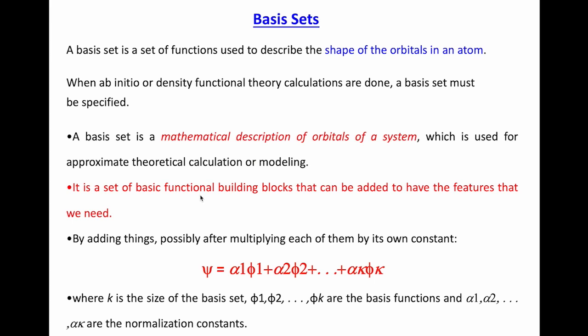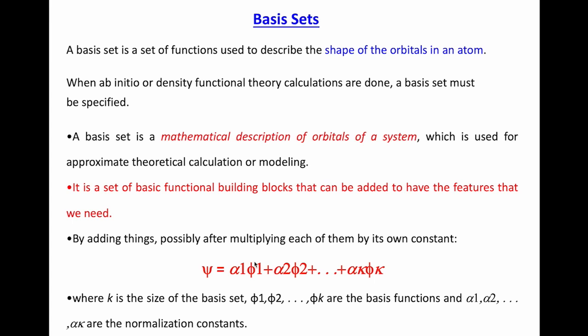It is a set of basic functional building blocks that can be added to have the features that we need. By adding them, possibly after multiplying each by a constant, psi is equal to alpha 1 psi 1, and so on to alpha k psi k, where k is the size of the basis set and the psi are the basis functions.